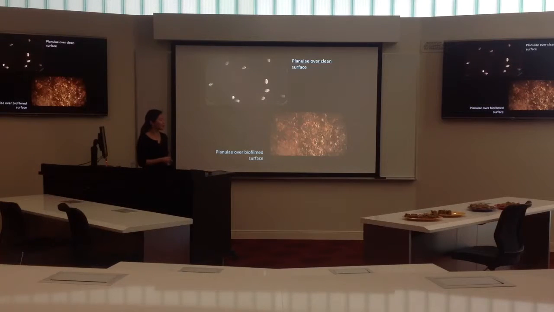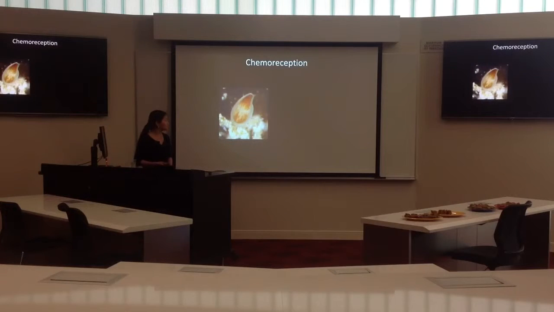So they kind of blend in with the biofilm too, but you can see that they're definitely not moving around like crazy over a clean surface, for example. And so clearly there's a behavioral change here when you put them in a biofilm, that they are taking their time to really explore it and see if it's suitable substratum for them to make it a permanent home.